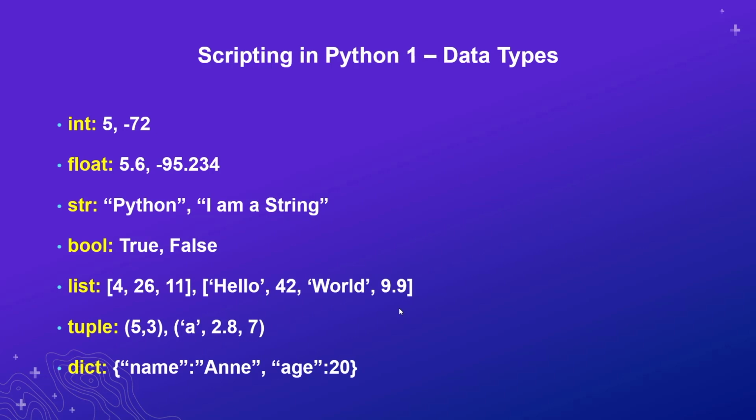Tuple is similar to a list in the sense that it's an ordered sequence of values, but it has a primary difference in the sense it is immutable. That is, you cannot change values of a tuple. Tuples are stored within round brackets as opposed to square brackets of lists. And again, you can also store values of similar or different data types.